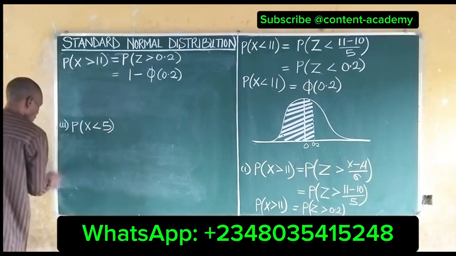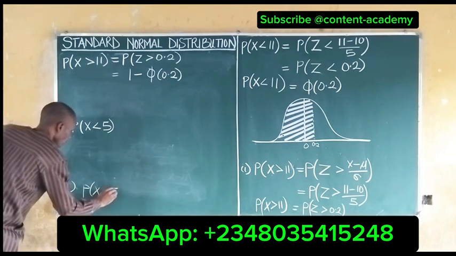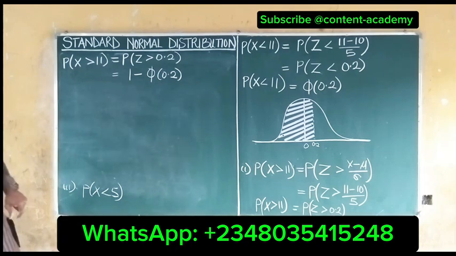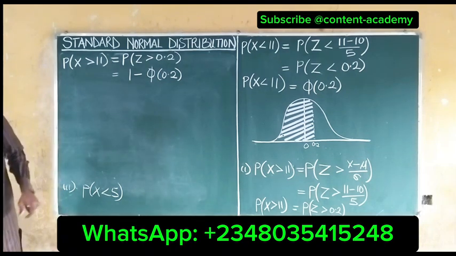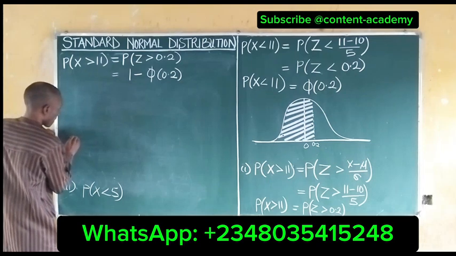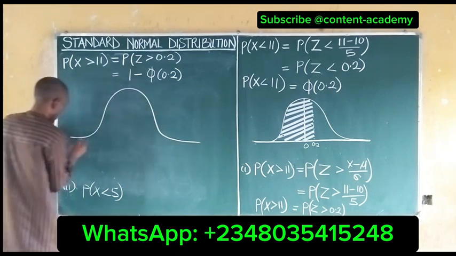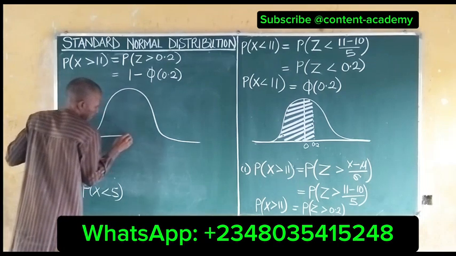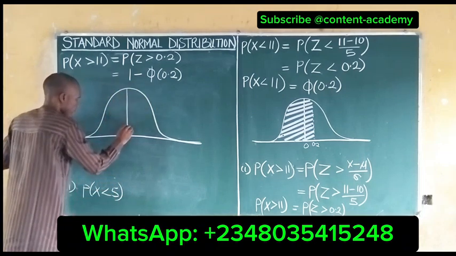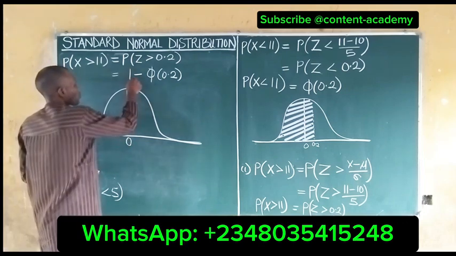So our curve will now be zero. Now, this is 1 minus 0.2.